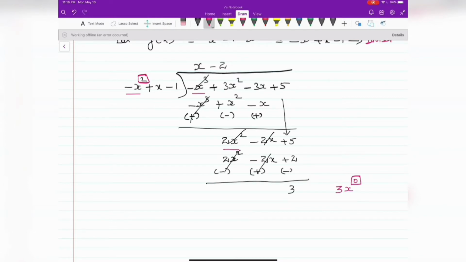Therefore, the degree of the remainder is less than the degree of the divisor. Therefore, I have to stop the division process. So I will be getting x minus 2 as the quotient and 3 as the remainder.